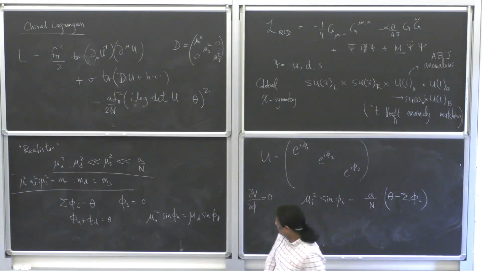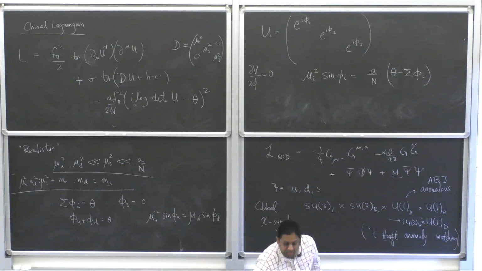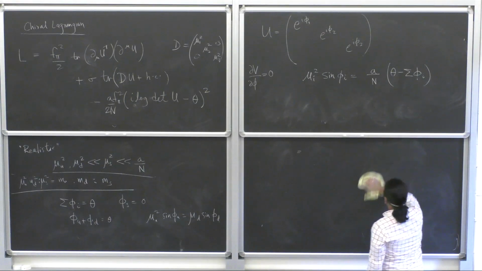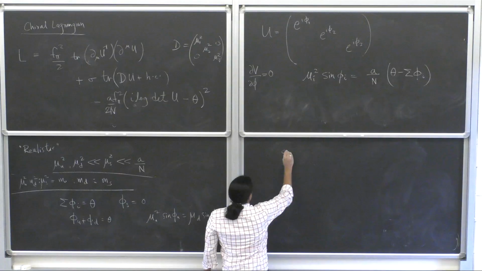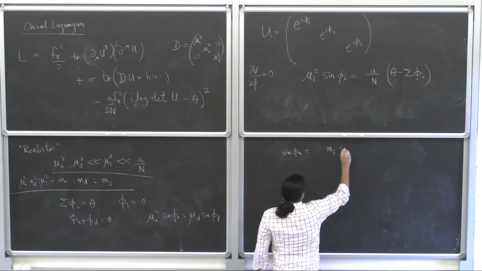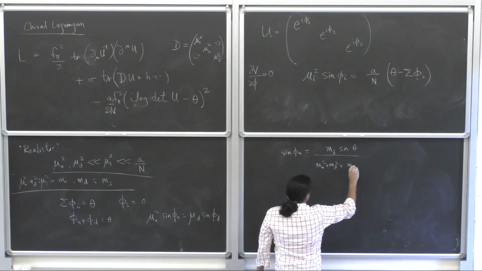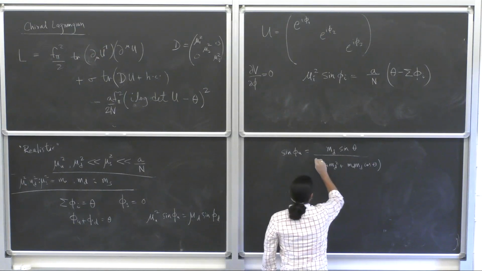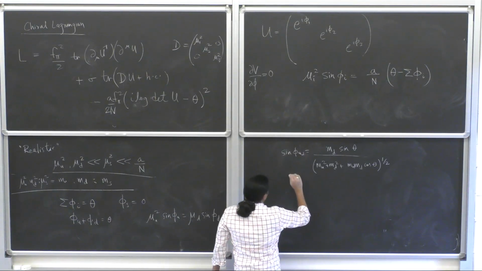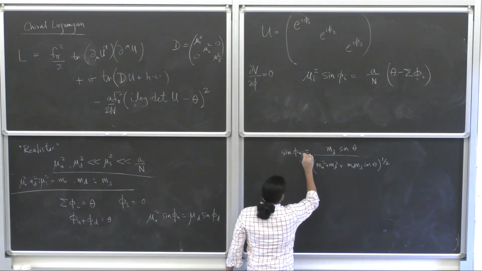And the solution that you find in this case is, so sine phi_u is this, sine phi_d is this with d replaced by u here. So you write u over d, d over u.